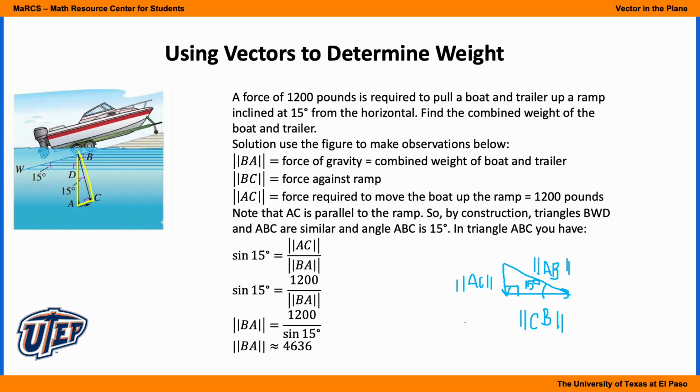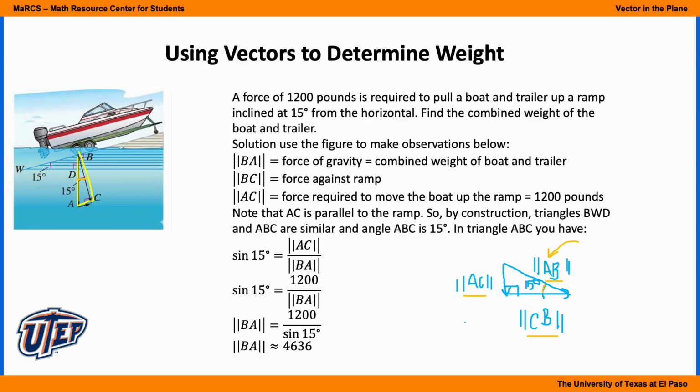So relabeling the triangle, or redrawing the triangle and making it bigger so it's easier to see what we're looking for, we're given this angle right here, 15 degrees, and then I will write each of the corresponding magnitudes. So right here we have the magnitude of AC, right here we have the magnitude CB, right here magnitude AB. So we are looking for the force of gravity, or this magnitude right here.